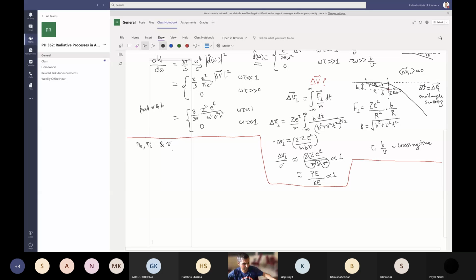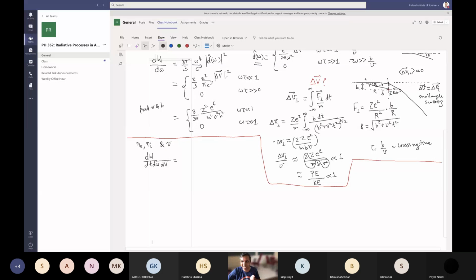Okay, so what do we do? Let me write down dW by dt, d omega dV. So this is like power per unit volume. Power radiated per unit volume per unit frequency. This is equal to the energy per unit frequency due to a single electron. Now, if you have electrons and ions interacting, if you have many ions, they will scatter more these electrons.